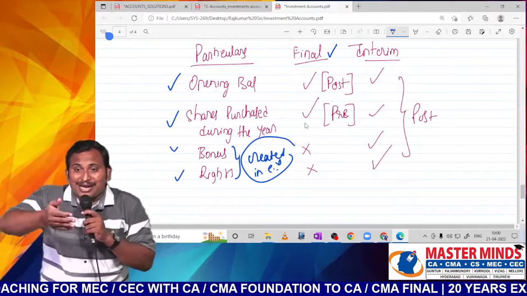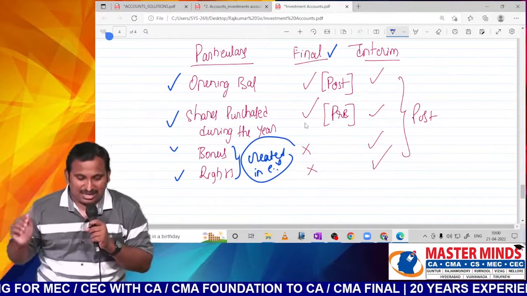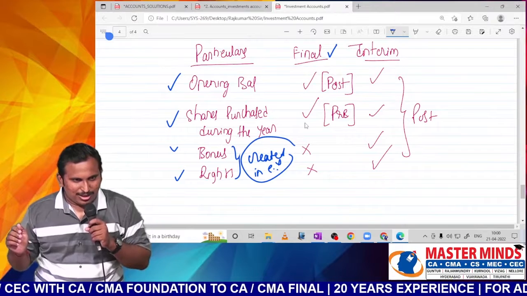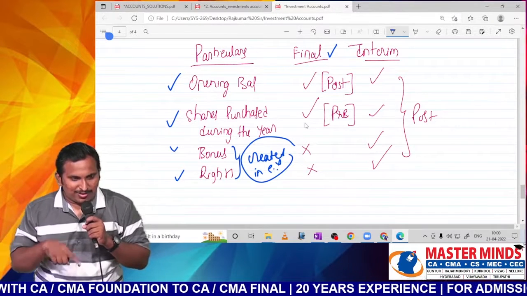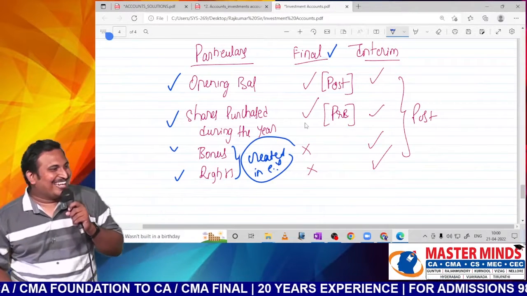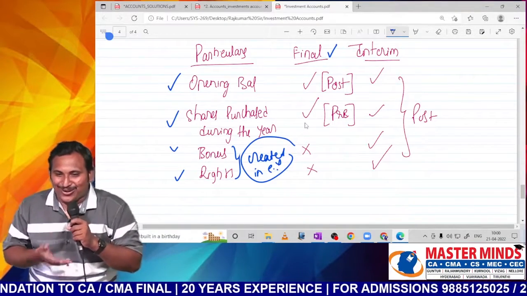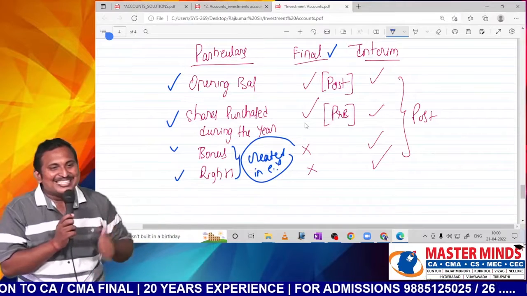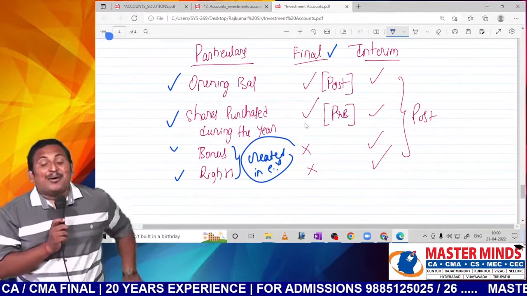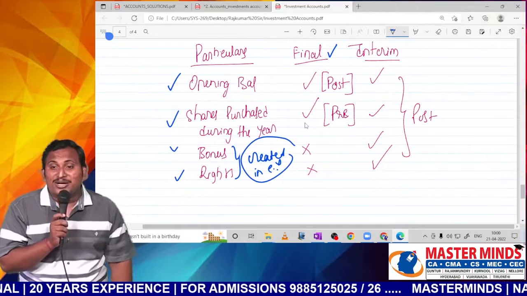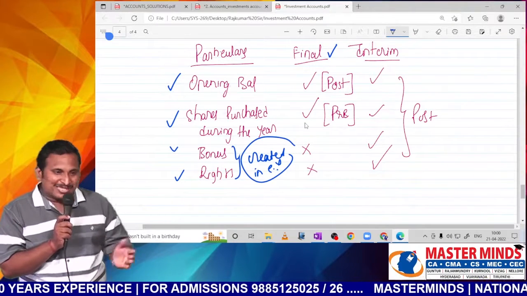Whereas if you have purchased any shares during this year, are they eligible or not eligible? Eligible. Why? I have given a tick mark. Sir, why is it eligible? We purchased during this year, and I am paying last year's dividend. Please understand, you have purchased shares this year. From whom have you purchased? Not from the company, from the secondary market.